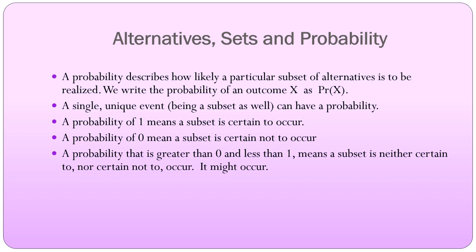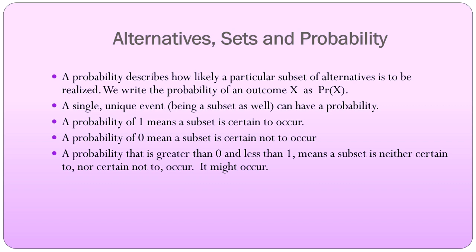And a probability that's greater than 0 and less than 1 means it's a subset that is neither certain to nor certain not to occur. It might occur, right? If you talk about getting hit by lightning, the probability is way less than 1, but it is a little more than 0.